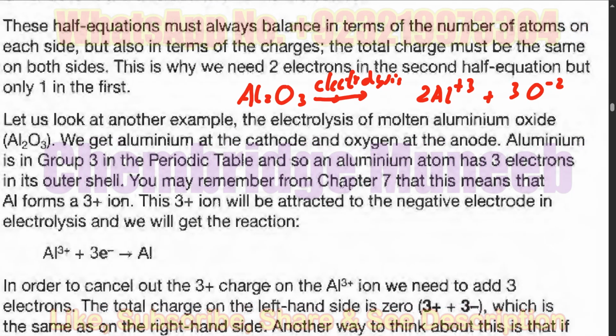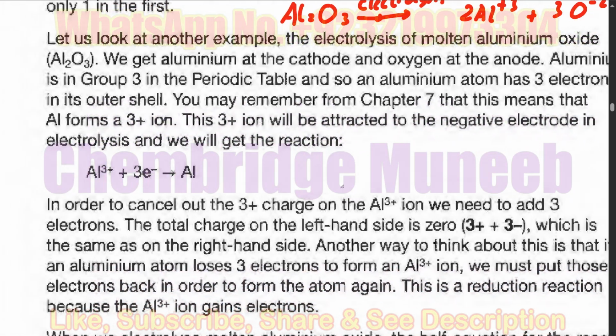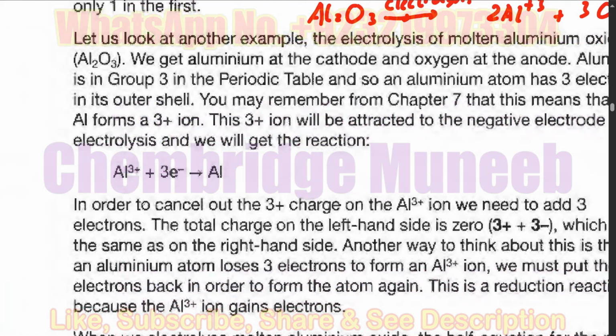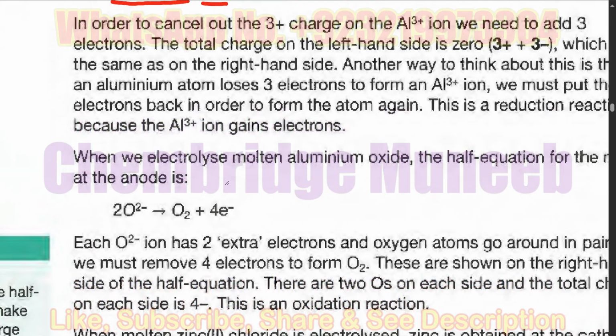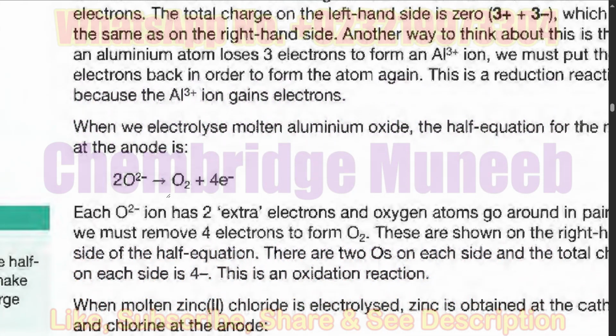Now the aluminium has a plus 3 charge, so it will gain 3 electrons at the cathode through the reduction reaction, and the aluminum atom will be produced here. On the other hand, the oxide ion will convert into the oxygen molecule.